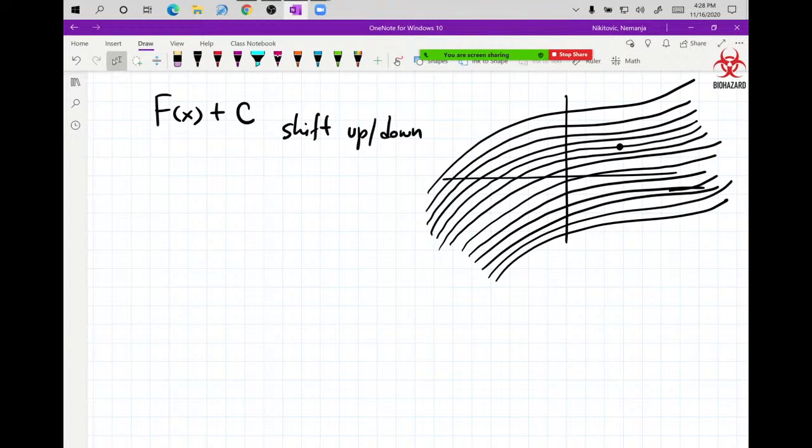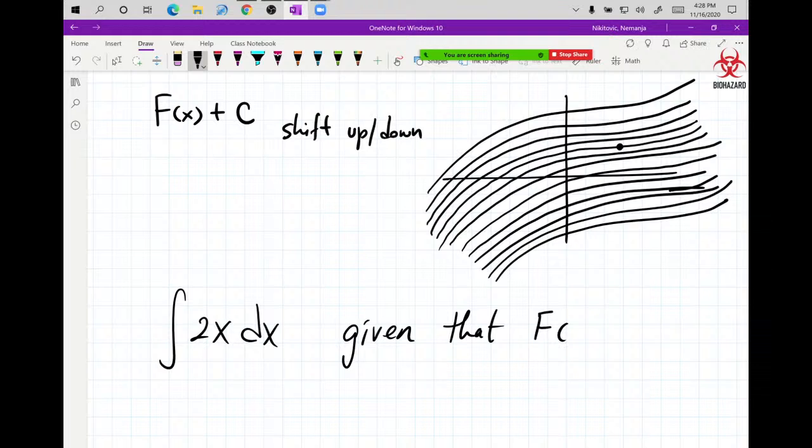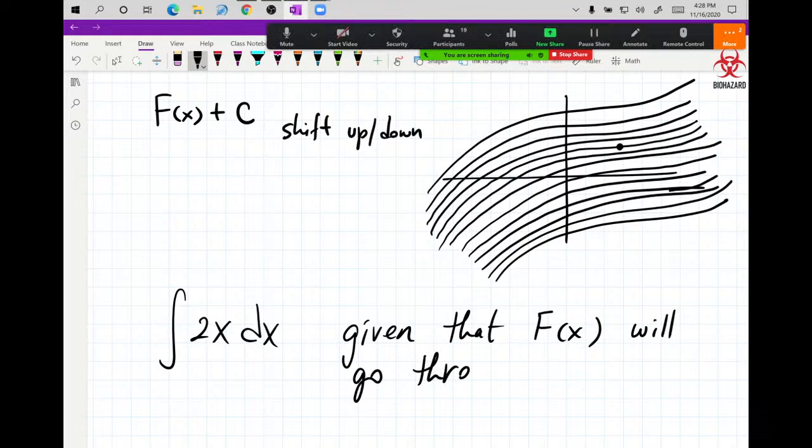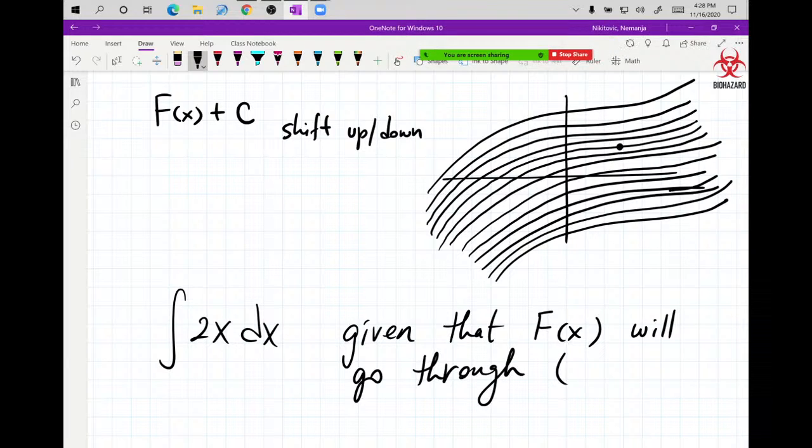Remember how we had that x squared problem where we said that x squared blah blah blah. So now, what is the integral of 2x dx, given that f of x will go through, and let's just pick literally whatever in here, like 2, 32.